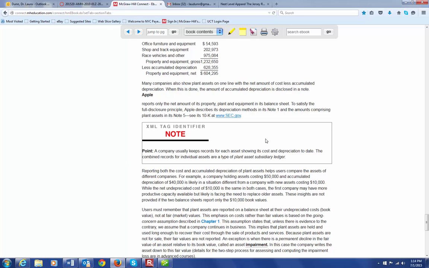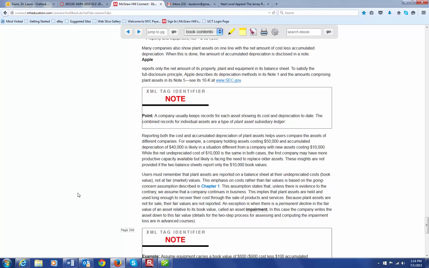Now this is going to give you an example of Apple and how they go about doing things. And some companies use a record for each asset showing its cost and depreciation to date, and that is kind of like a subsidiary ledger.